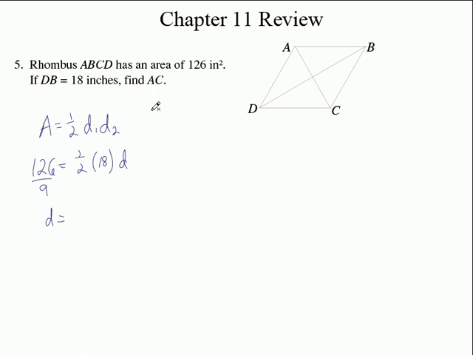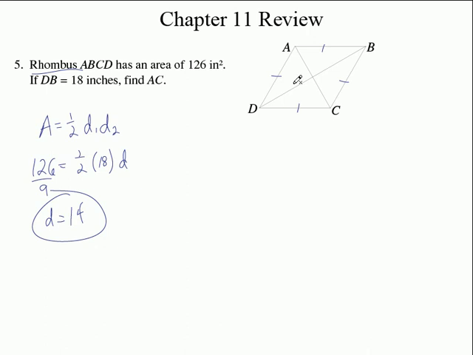Hang on just a second. Okay, I couldn't do that in my head, but that is equal to 14. So AC, which is the other diagonal, is 14. So rhombus, remember, all four sides are equal to each other.